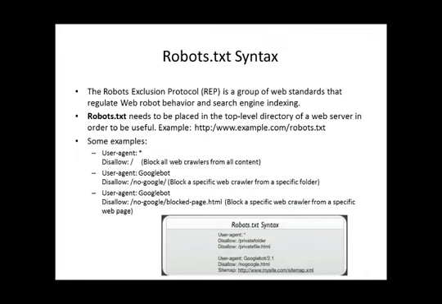Again, a very important thing when it comes to coding, which I personally think every web developer should have a look at while coding for the website or for individual URLs. So basically, robots.txt, or I would say the robots exclusion protocol, is a group of web standards that regulate web robot behavior and search engine indexing.